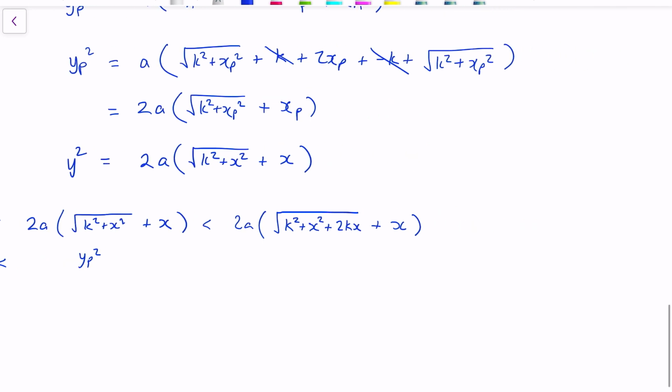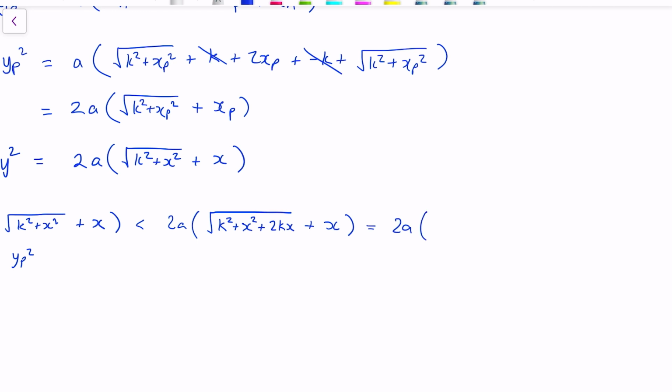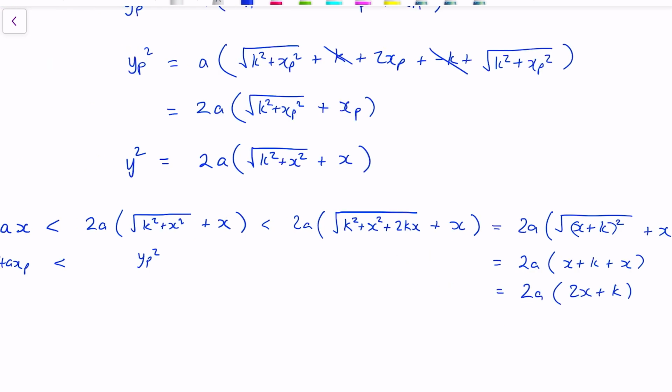Go over here, so that's equal to 2a multiplied by square root of x plus k all squared. And that there is 2a multiplied by x plus k plus x, which is 2a, 2x plus k, which is 4ax plus 2ak.